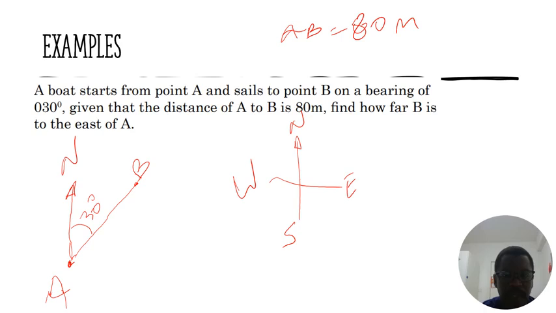In this case they are asking how far B is. That one is B, and remember that one is theta. How far is B from point A, to the east? The east of A is going towards B, so B is located on the east side of A. How far?